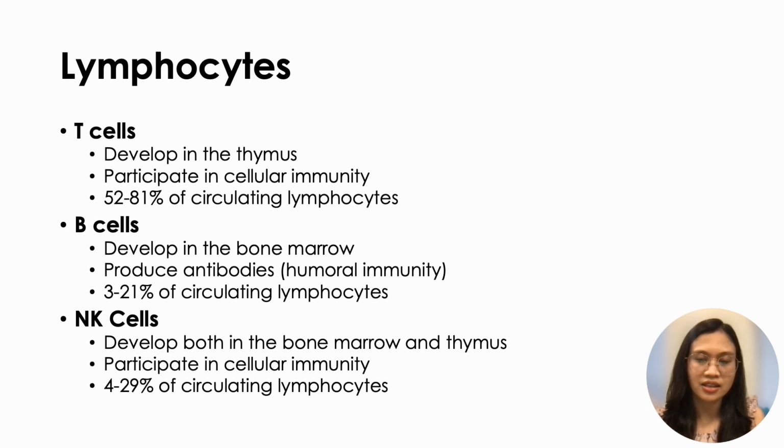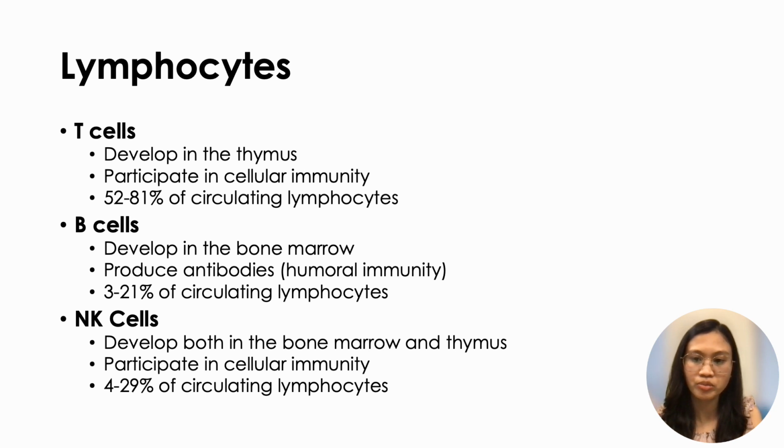The T cells are named as such because they develop and mature in the thymus. They account for 52 to 81% of circulating lymphocytes, and they participate in cellular immunity. The next population of circulating lymphocytes are the B cells, which account for 3 to 21% of the total lymphocytes in circulation.